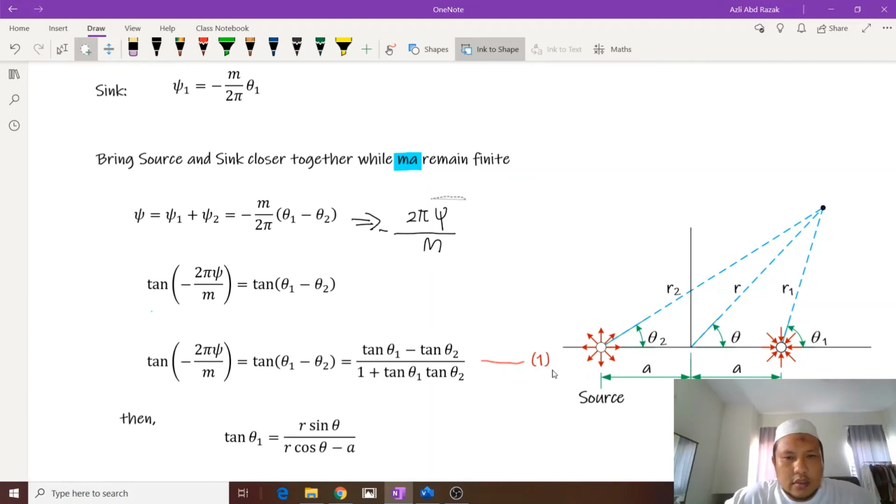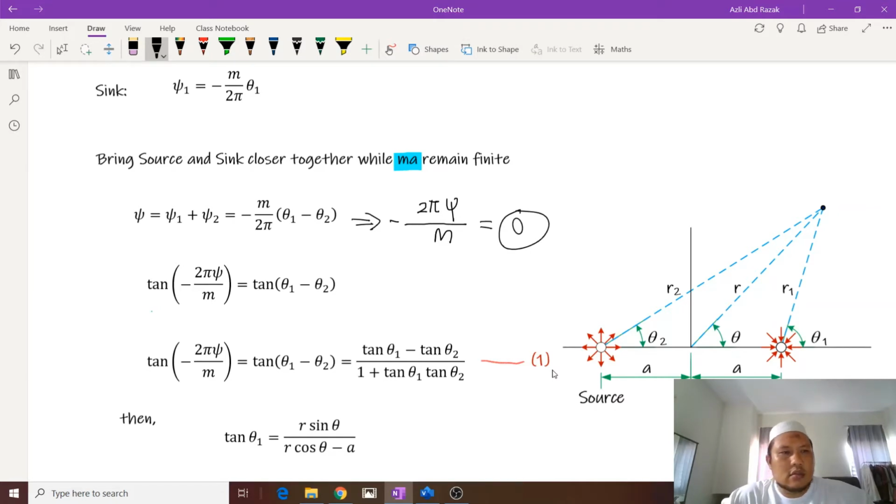This is minus sign of this equation, and this is equal to theta 1 minus theta 2.